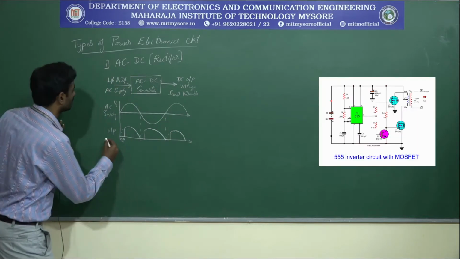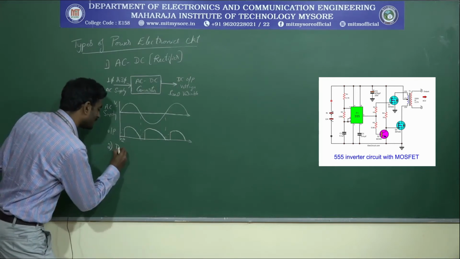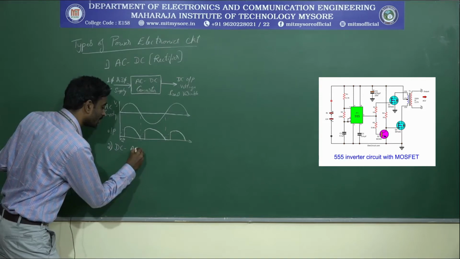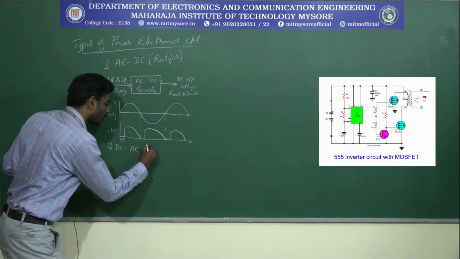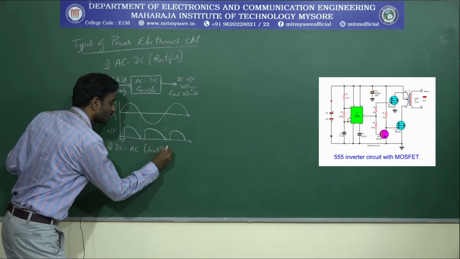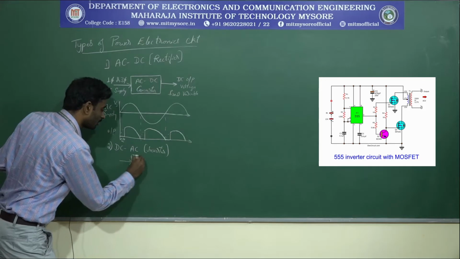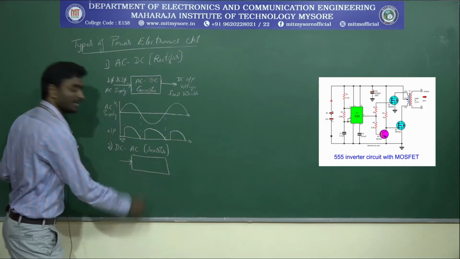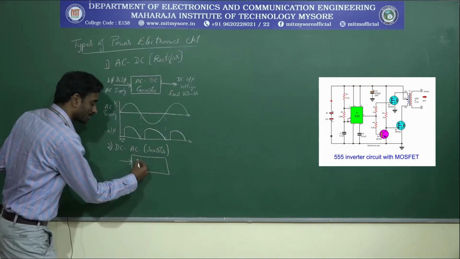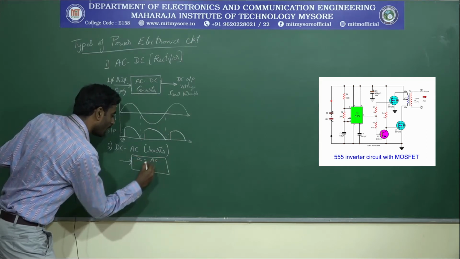And the second one is nothing but DC to AC, where the DC to AC will be called an inverter. So if I consider an inverter, I will have a converter circuit, which converts my DC input to an AC output voltage.